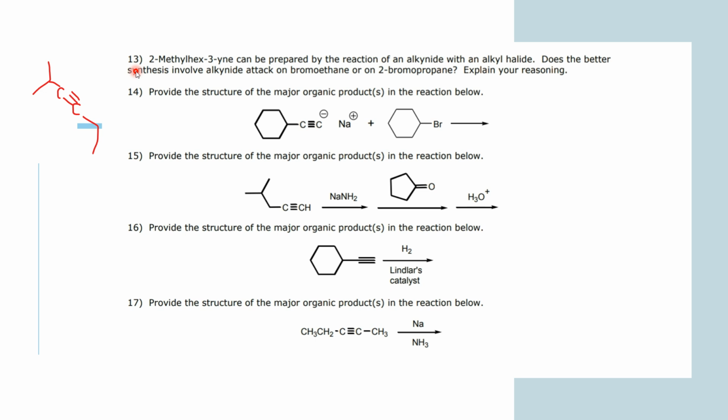And we saw that to synthesize this molecule using substitution reaction, you will need a haloalkane which has a primary carbon center, because for the secondary one, you will get steric hindrance as compared to the primary one.